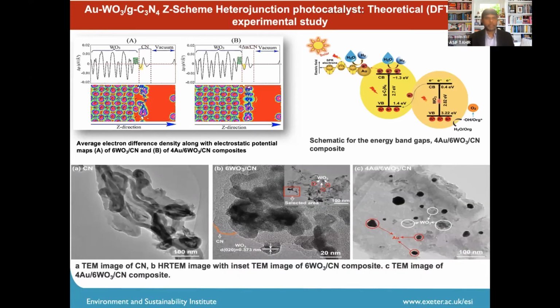And the TEM images show that the material has been formed as a heterostructure, where the main material is gamma carbon nitride, the tungsten trioxide is embedded into it, and the gold nanoparticles are present on the surface of the heterostructure.